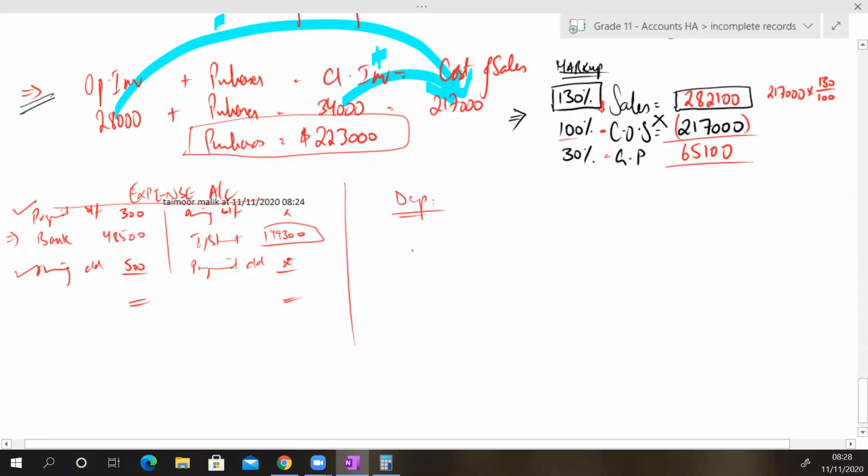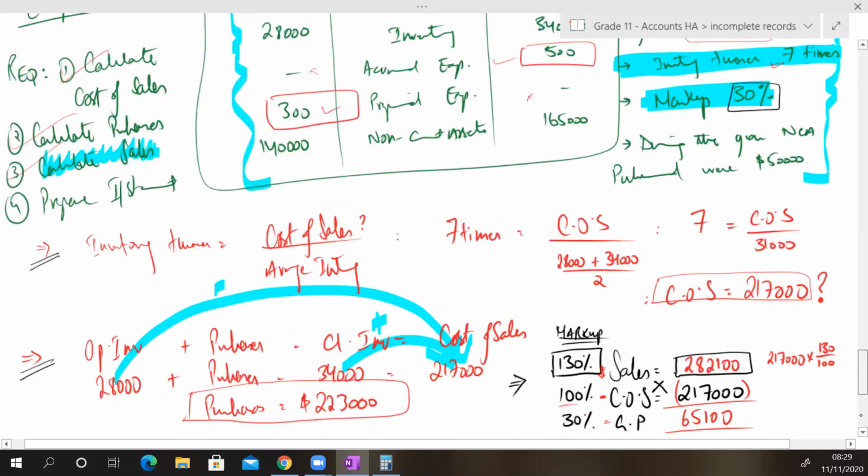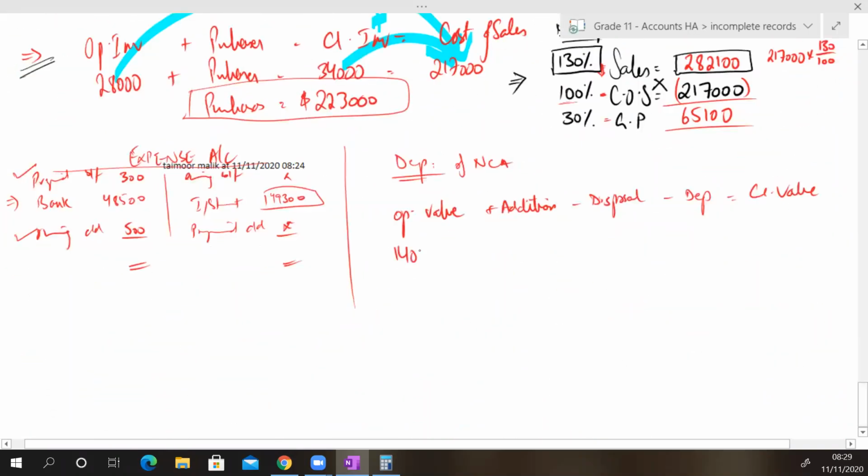उसके बाद depreciation of non-current asset, which is opening value plus addition minus disposal minus depreciation will be your closing value. Now the opening value of non-current asset is 140,000.